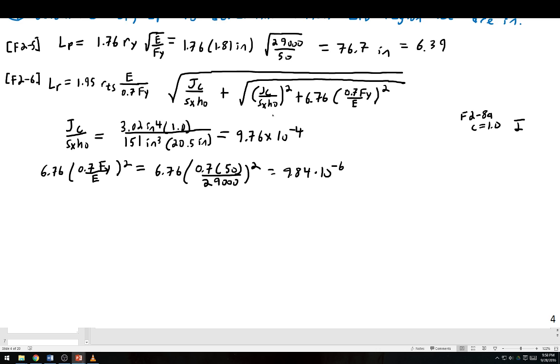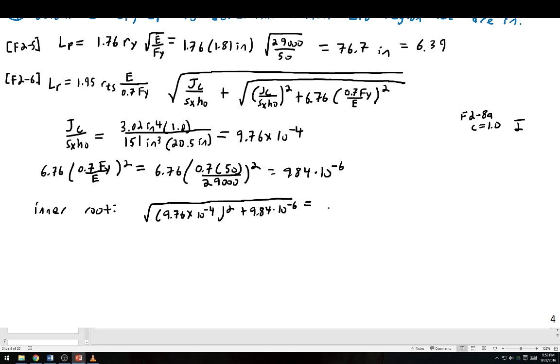What I'm going to get next is this entire inner root, using the previously calculated chunk values. So I'm going to simply have the square root of Jc over all that, and that's this number here. It's going to be 9.76 times 10 to the negative 4 quantity squared plus 9.84 times 10 to the negative 6 here.